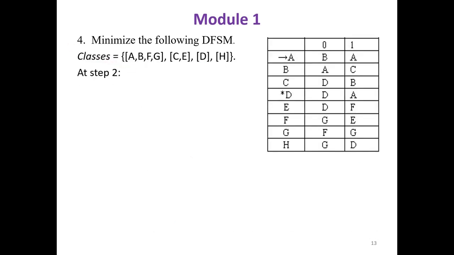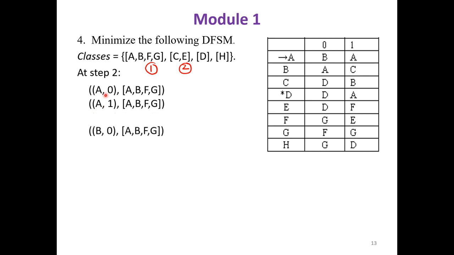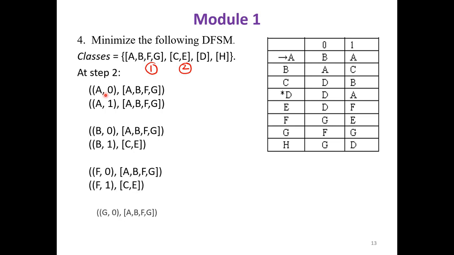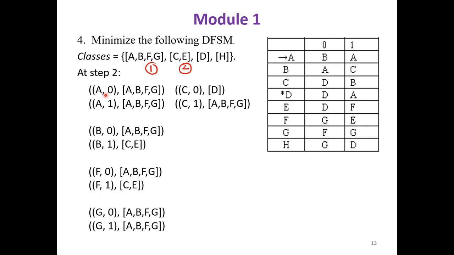Again, we have to check whether the classes A, B, F, G, and C, E are possible to split. So again find out A0, A1, B0, B1, F0, F1, G0, G1. Similarly, C0, C1, E0, E1.